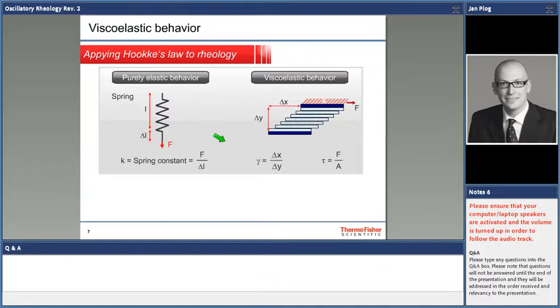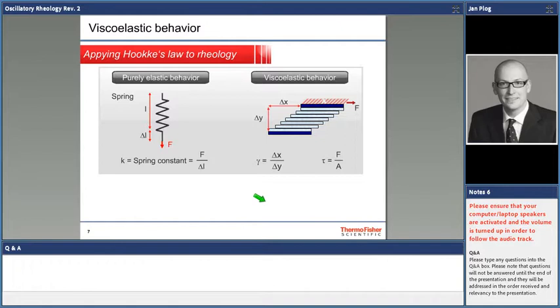When we transfer that to Newton's law of flow, to go into viscoelasticity, we find that again a certain stress or force will result in a certain deformation for your viscoelastic body. But now we don't call the constant of proportionality the spring constant anymore. We call it modulus, okay?